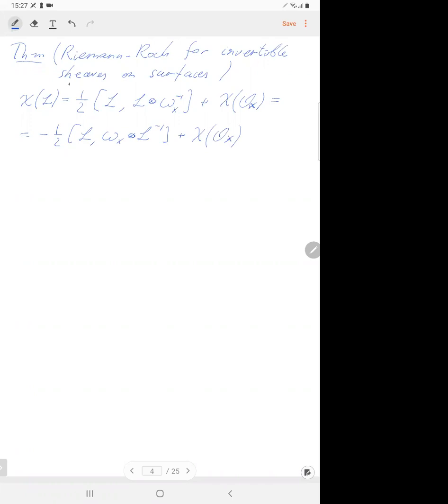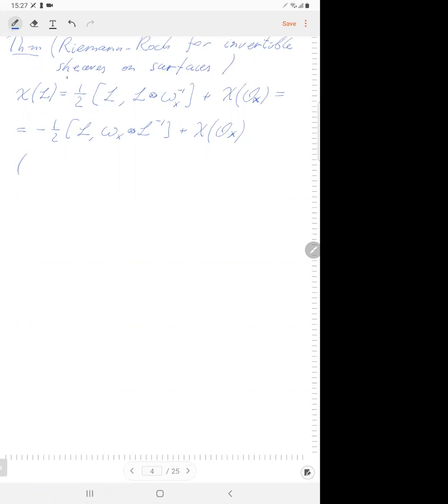Okay, and you see that roughly this Euler characteristic is quadratic in L, because it involves some pairing, plus some linear term, plus some constant term, but it's quadratic. And for curves, the Euler characteristic was linear plus some constant term.